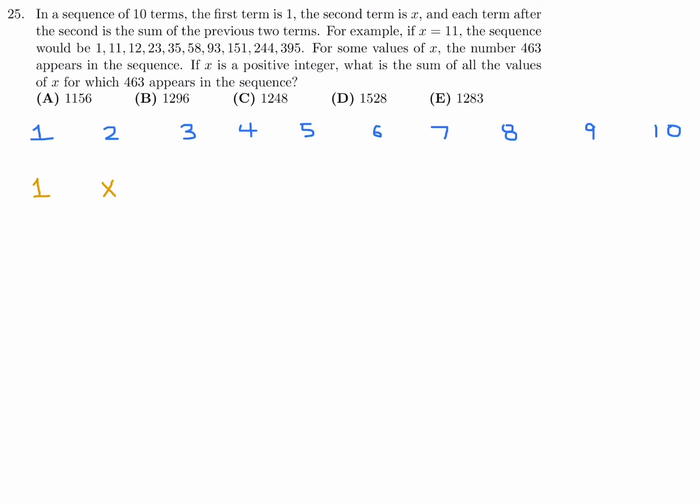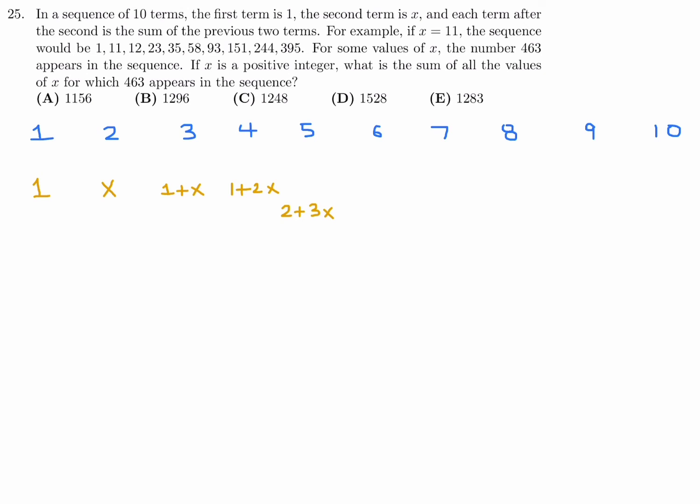So the third term would be obviously 1 plus x. The fourth term would be this plus this, which would be 1 plus 2x. The fifth term is this plus that, which is 2 plus 3x. And so on, right? So I'll just fill them all in.